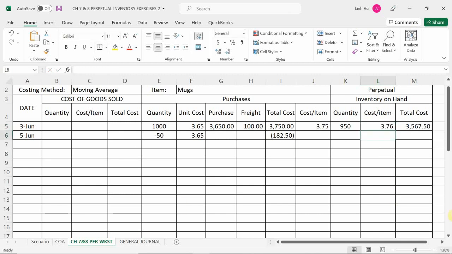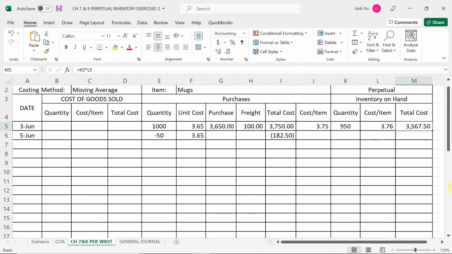Okay. So again, you can also figure out this number by taking the 3750 minus the 182.50, which should give you 3567.50, if I'm not mistaken.